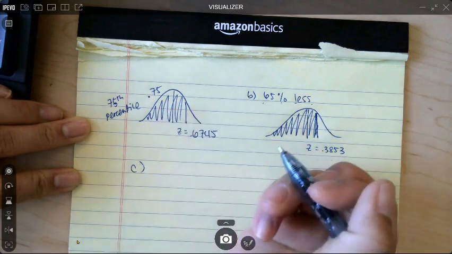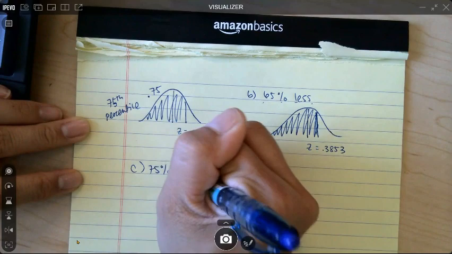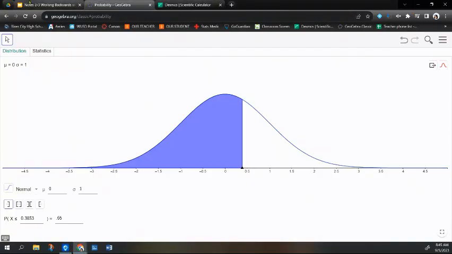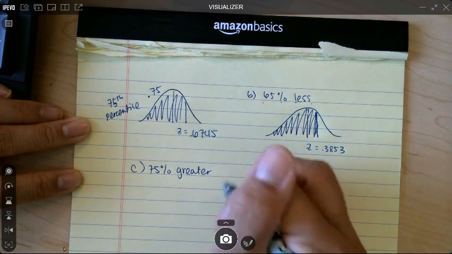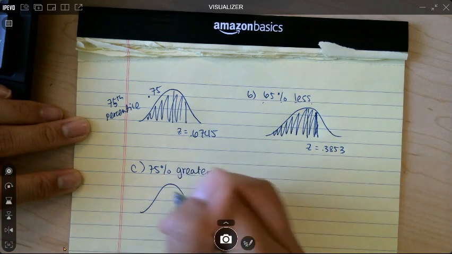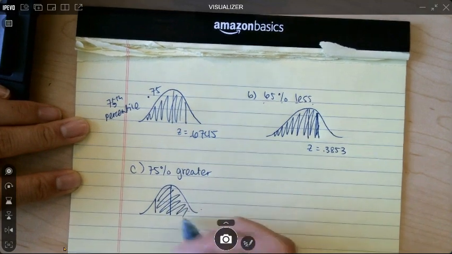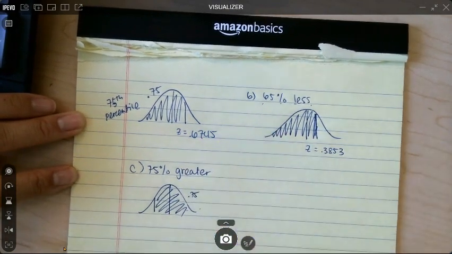All right, C is asking for 75% greater, because we see that 75% of all observations are greater than z. Greater means to the right. So here's my distribution, and we want the area to the right to be 75%, something along these lines. This area to the right is 0.75.